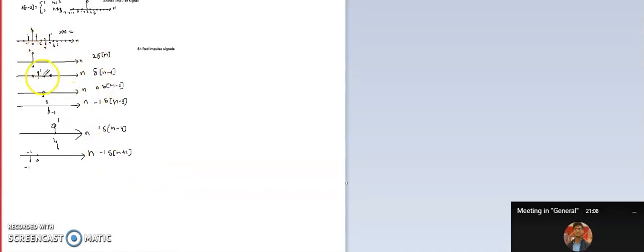Okay, क्योंकि इसको इससे प्लस करेंगे, इन सबको प्लस कर देंगे तो we will get xn.